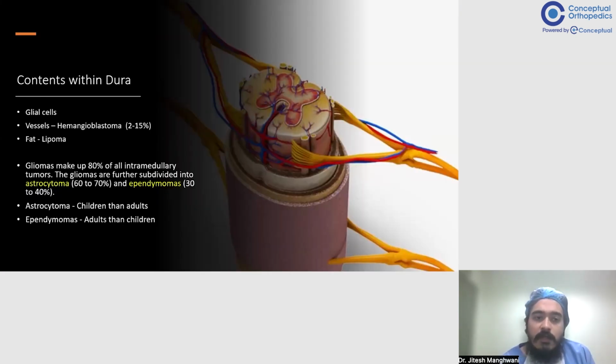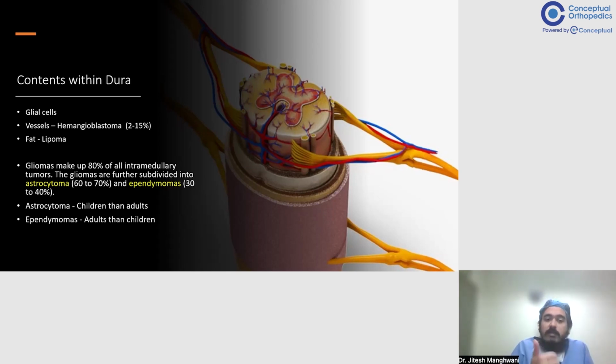Now, what are the contents of the dura? Why do you have to understand this? Because if you understand this, you will understand which tumors are basically going to be called intradural and intramedullary. So the different contents are glial cells, vessels, that is hemangioblastomas, fat or lipoma. So, depending on the content, whenever there is a tumor, the tumor is given the terminology. So, there are three primary contents.